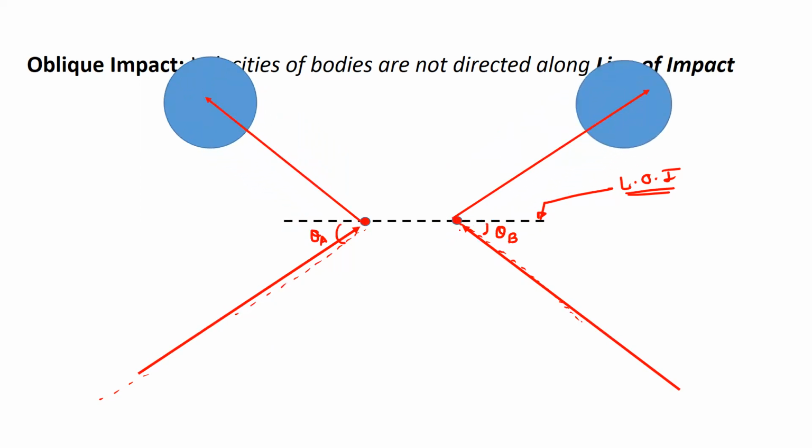After collision, the two objects move in different directions at different angles. This is theta A dash after collision and this is theta B dash after collision. So this is about the oblique impact.